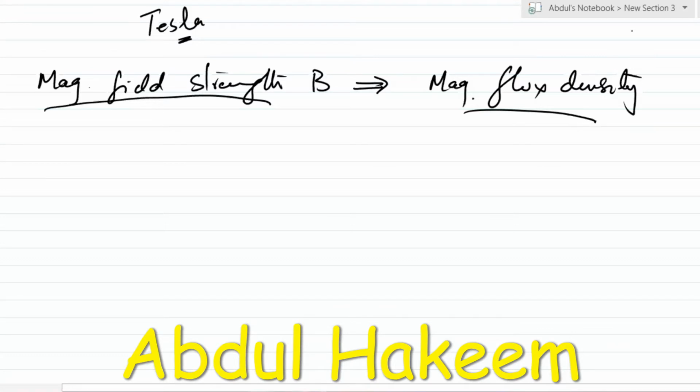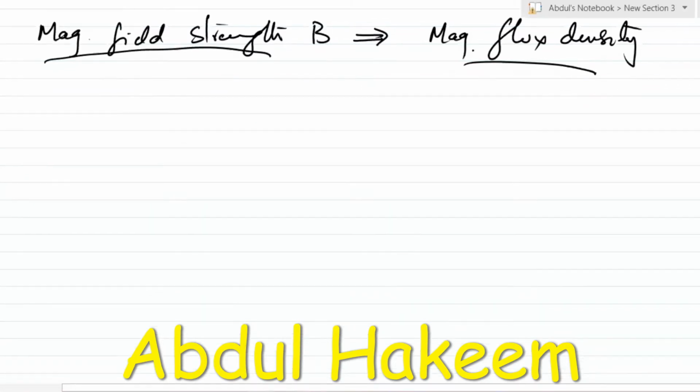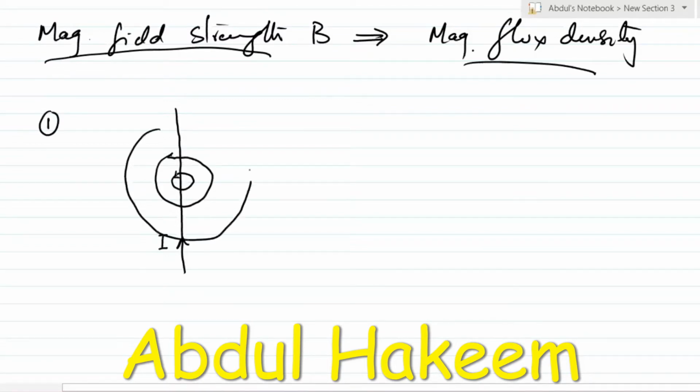This magnetic field strength in our A-level syllabus is required in three different situations. Number one, suppose we have an infinitely long conductor carrying some current, and according to the right-hand grip rule, this is the direction of the magnetic field around it, and gradually the field is decreasing.